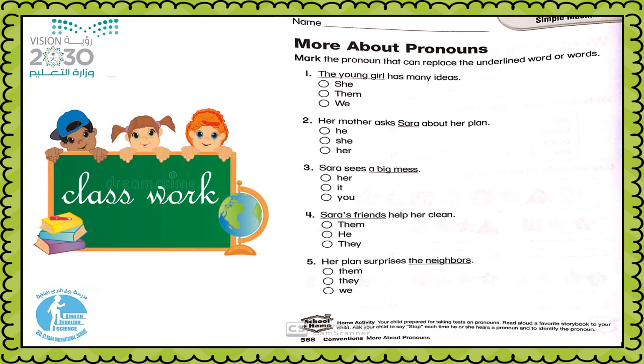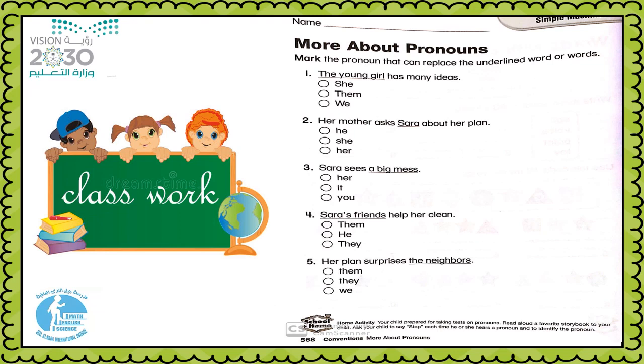So her mother asks he, or she, or her. Excellent. Very good. Her mother asks her about her plans because it is after the action verb asks. So we have to choose her.